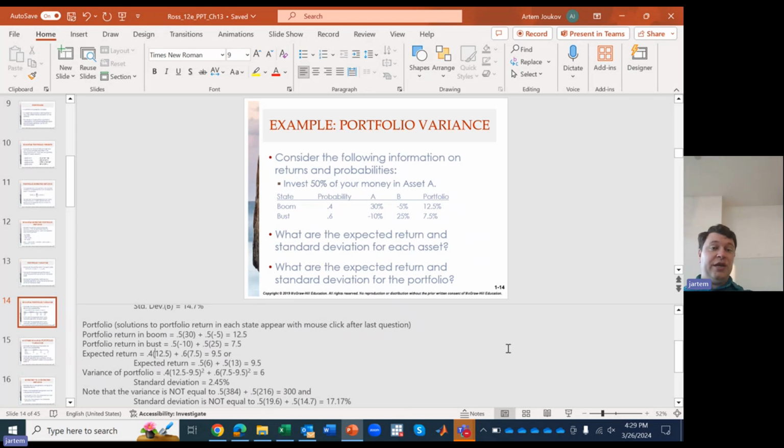We take the chance of a boom, which is 0.4, and multiply it times that portfolio return in that state. And then we add the chance of a bust, multiplied times the portfolio return in the event of a bust. So your expected return becomes 0.5 times 6 plus 0.5 times 13, which gives you 9.5.